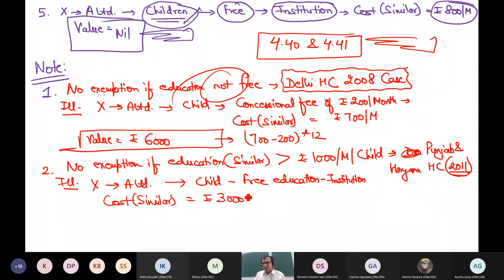Can you tell me the taxable value? What is the value which is taxable? 36,000. 36,000.